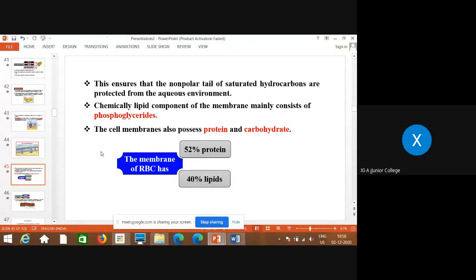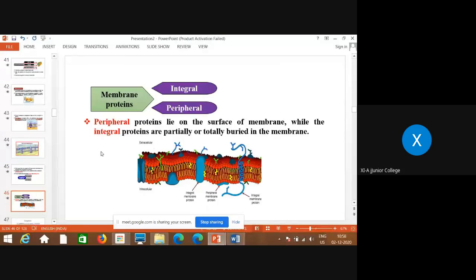We are going to wind up with this structure, integral and peripheral membrane proteins. As I showed you, this is the integral membrane protein, and this one is present just peripherally, so it is the peripheral membrane protein. In this diagram of the phospholipid bilayer, as it is present throughout, this is called an integral membrane protein.